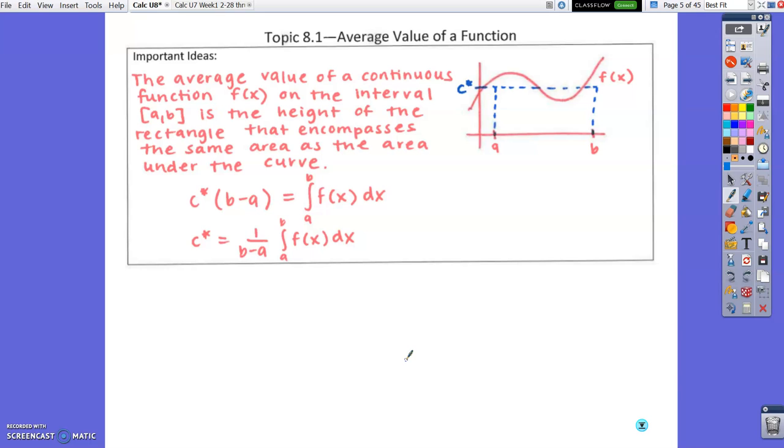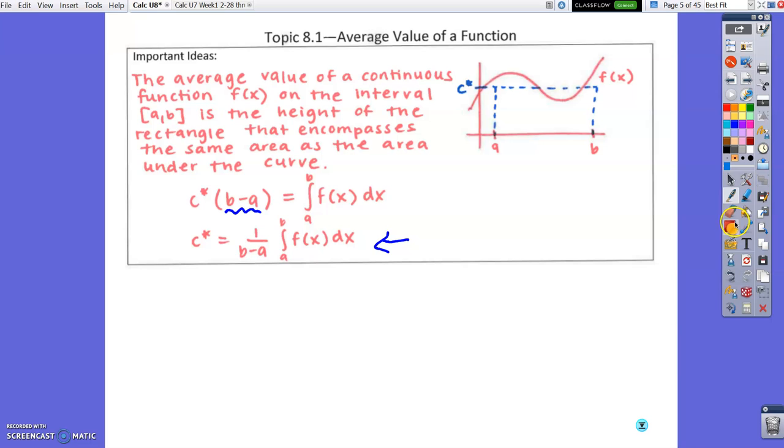And of course we know that the area under the curve is the area between the curve and the x-axis on the indicated interval from a to b. So c times, the 4 that we had in our problem is this b minus a, because that's how wide our interval was. Notice I've put 1 over in the front, and so this is the formula. This is the average value.